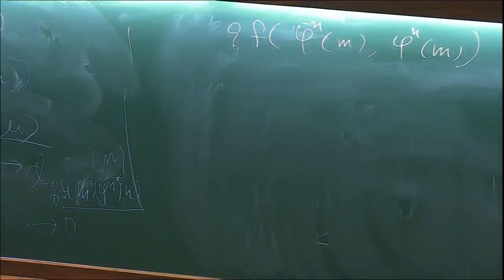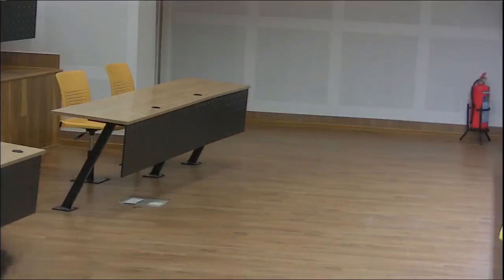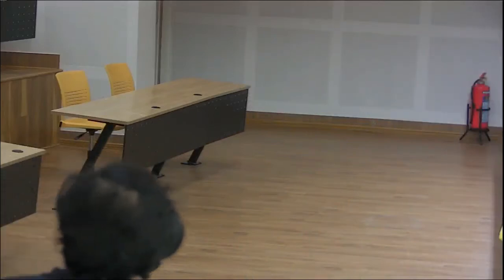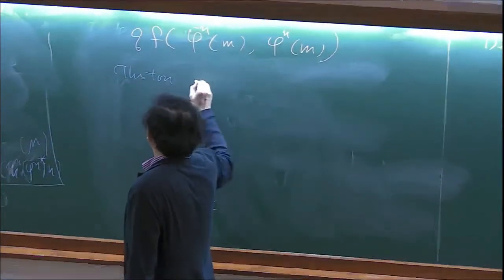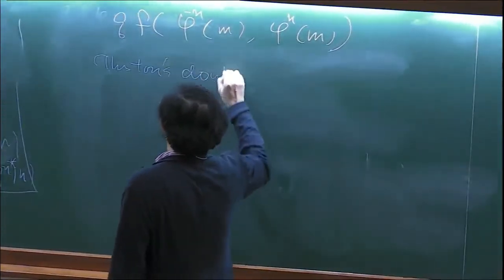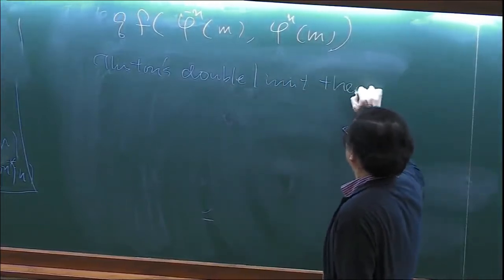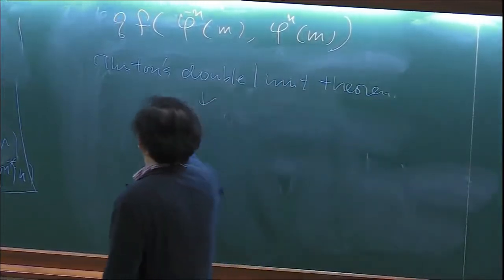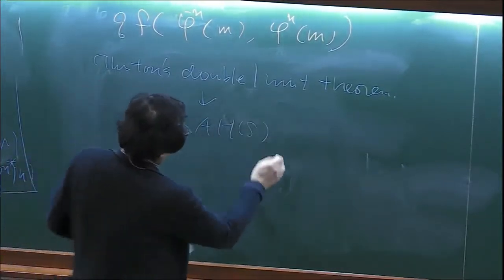So we moved both coordinates now, and there's no guarantee that this kind of sequence converges. But Thurston proved that this actually converges. That's called the Thurston double limit theorem, and it converges to some Kleinian group.